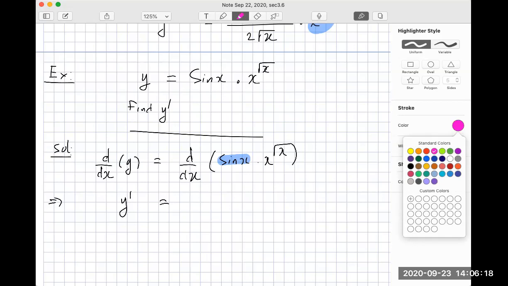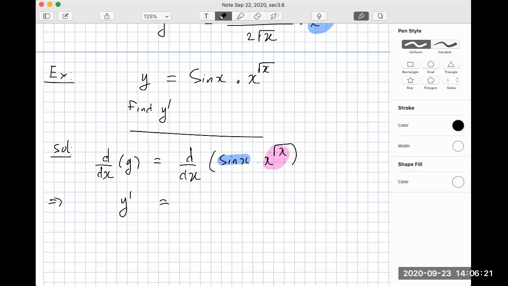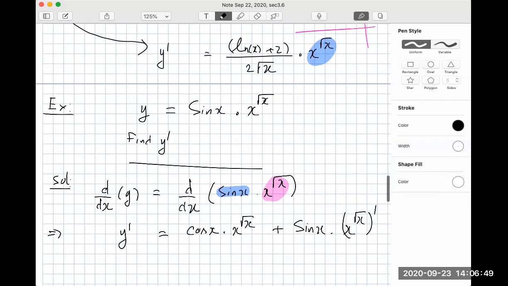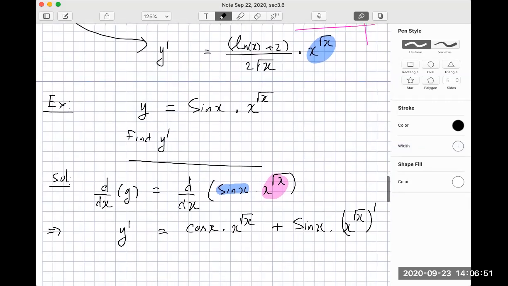cosine x and, very good, plus the derivative, right? But we know from the previous one that the derivative of x to the square root of x is this, right? We don't have to do it again.